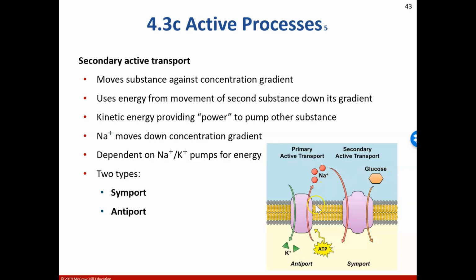In this case, we have our sodium-potassium pump, but you could see in our secondary active transport, we are going to move across one sodium ion along with a glucose ion. So this is our symporter because we have 2 substances moving in the same direction, whereas our sodium-potassium pump would serve as our antiporter.